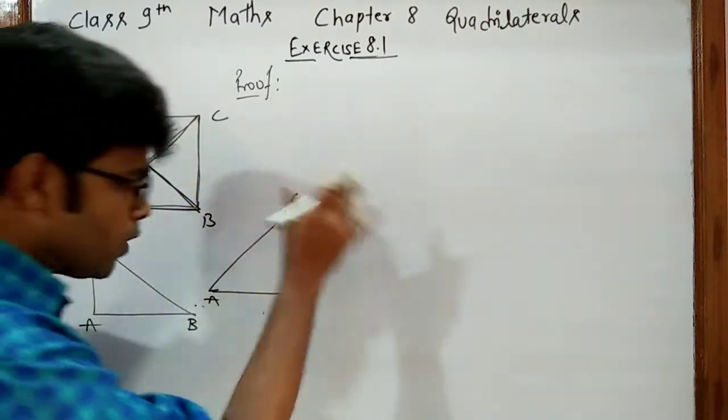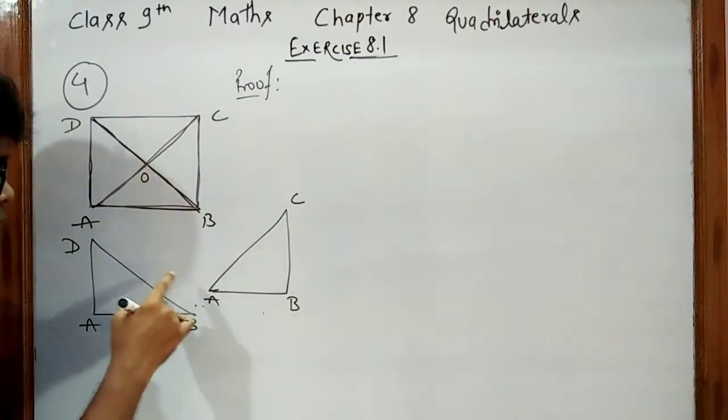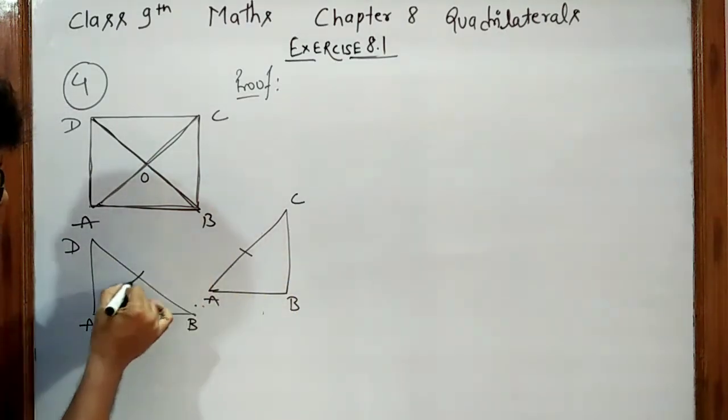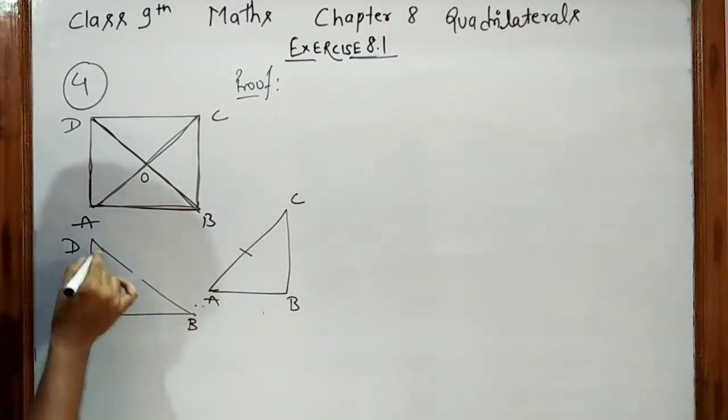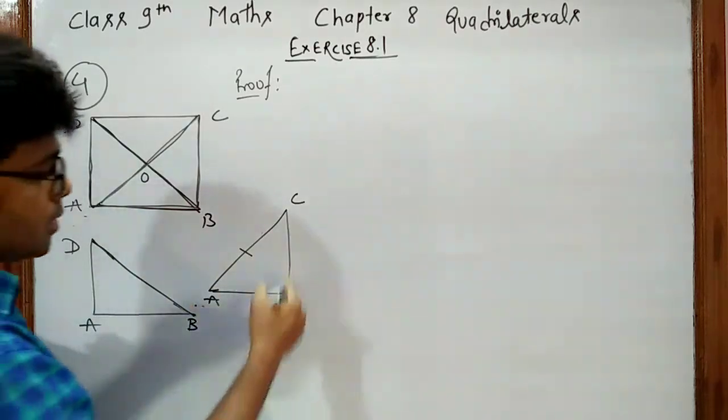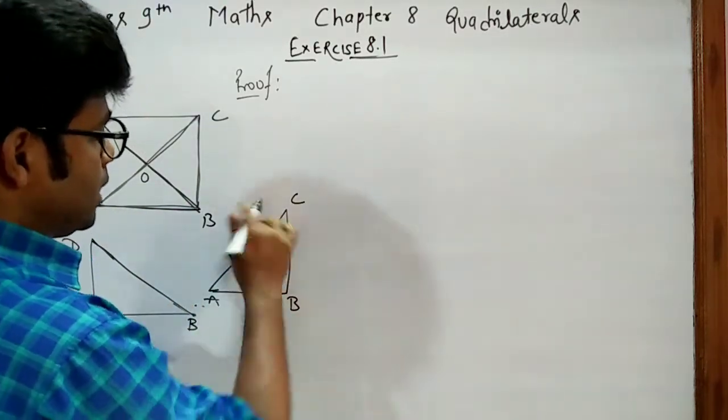Because we have to prove that both diagonals are equal, so we take the triangles to which the diagonals belong. In this triangle DB is a diagonal, and in this triangle AC is a diagonal.